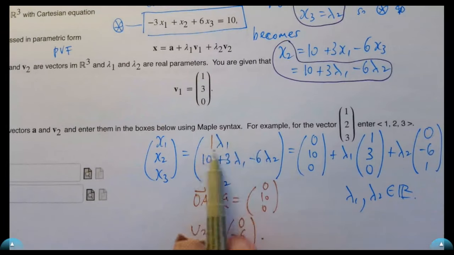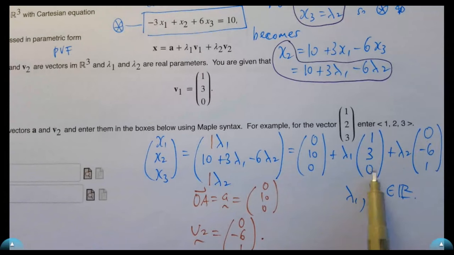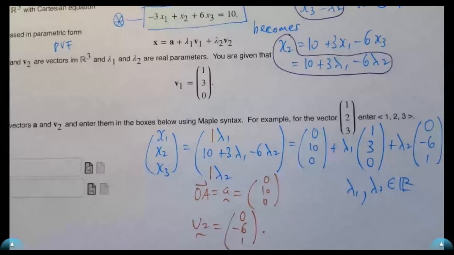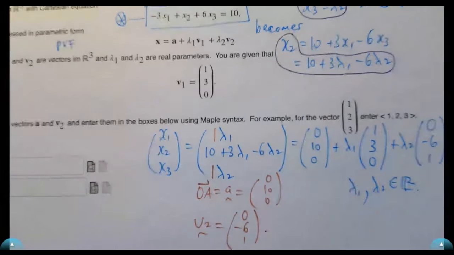June, are there any lambda 2s here? Are there any lambda 1s there? No. That's why you have a 0 here and a 0 there. I think you just got it. Wonderful. No problem, John.